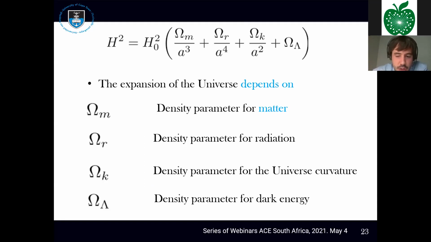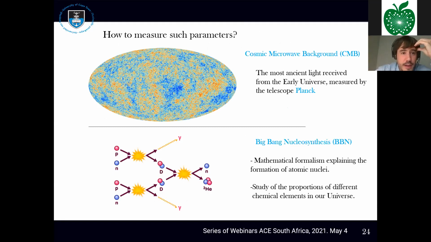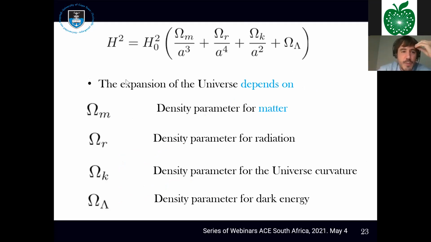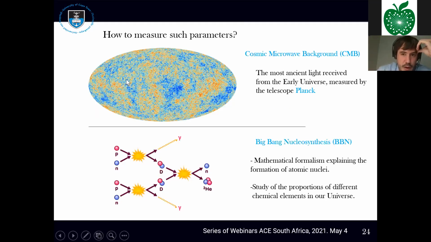Good. So we have some different constants here. As I told you, how do we measure them? We have two ways to set these constants. One of them is through the CMB, the cosmic microwave background. It is radiation that is in the whole universe, and by studying this radiation we can set some of the parameters I showed you to explain the rate of expansion of our universe.